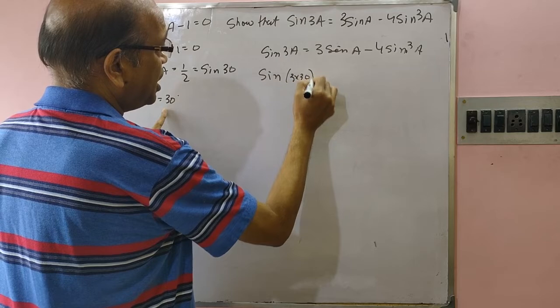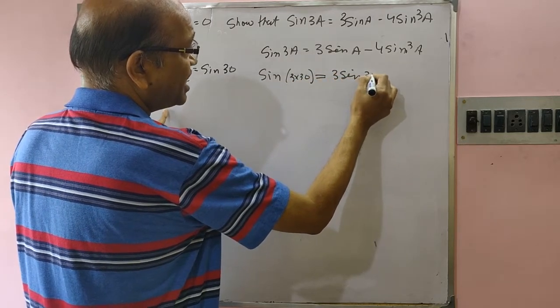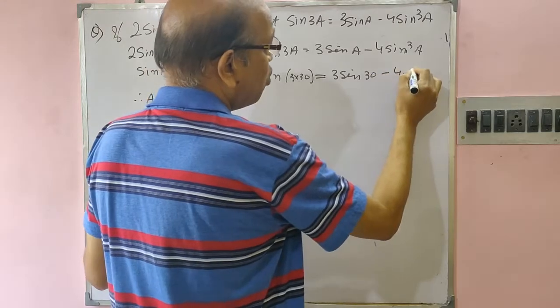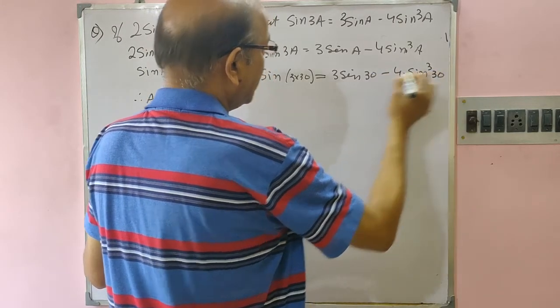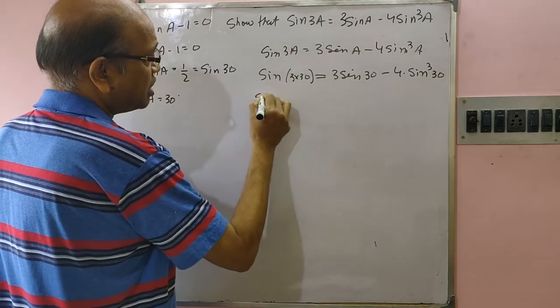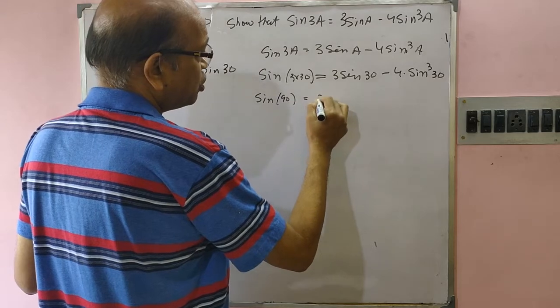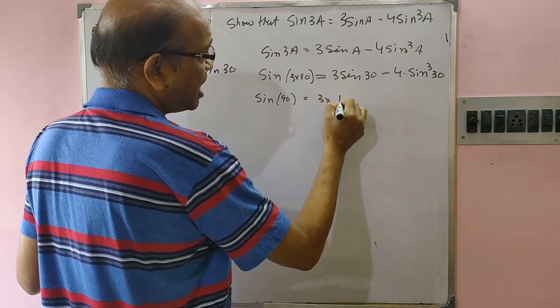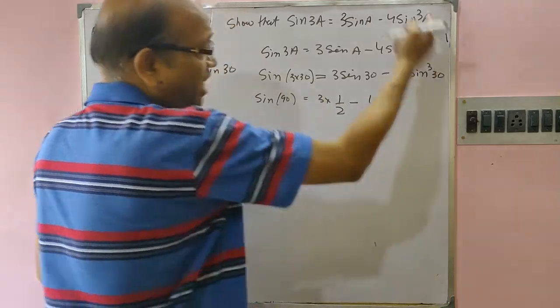3 into 30 is equal to 3 sine 30 minus 4 into sine cube 30. So this becomes sine 90 is equal to 3 into sine 30, which is half, minus 4 into sine cube 30.